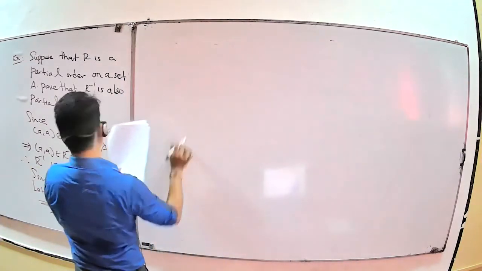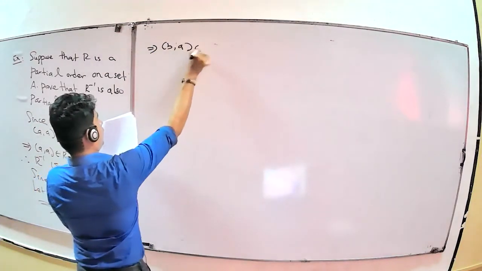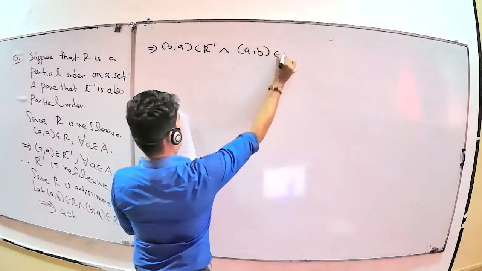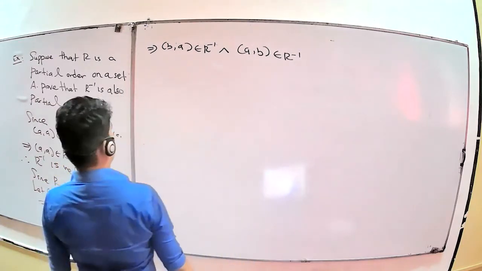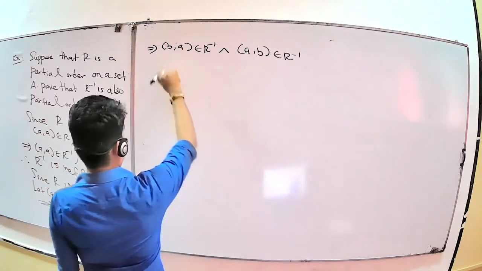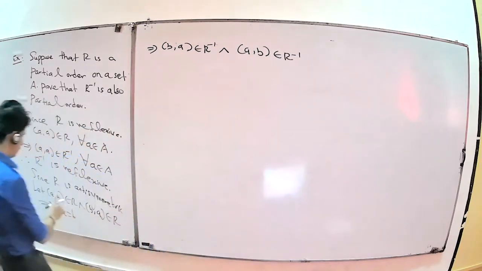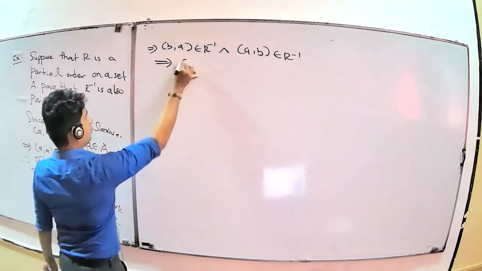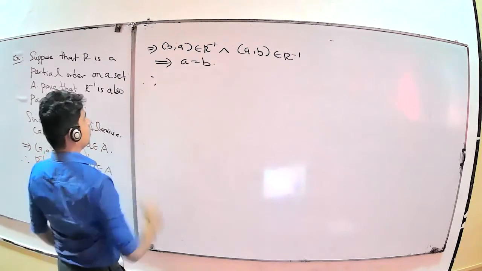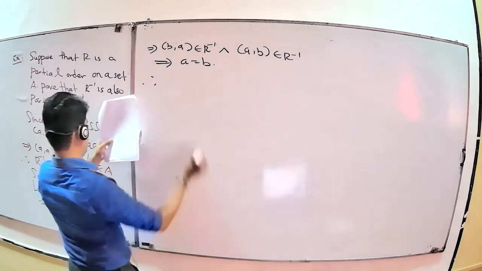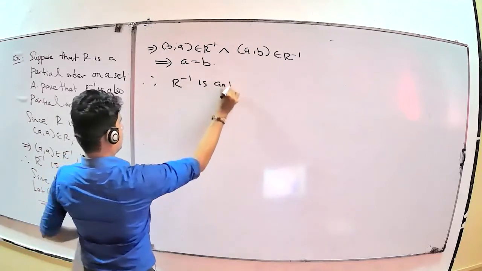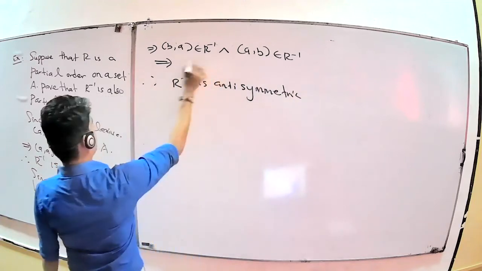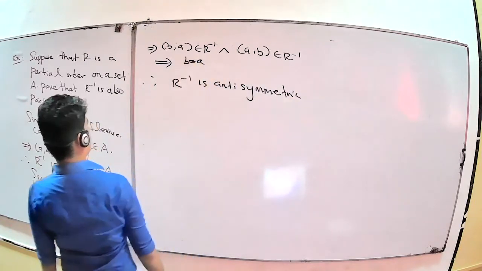Suppose (a, b) belongs to R, which means (b, a) belongs to R inverse, and (b, a) belongs to R means (a, b) belongs to R inverse. For this case, we have a equals b. That means R inverse is antisymmetric. A equals b, b equals a, both are the same.